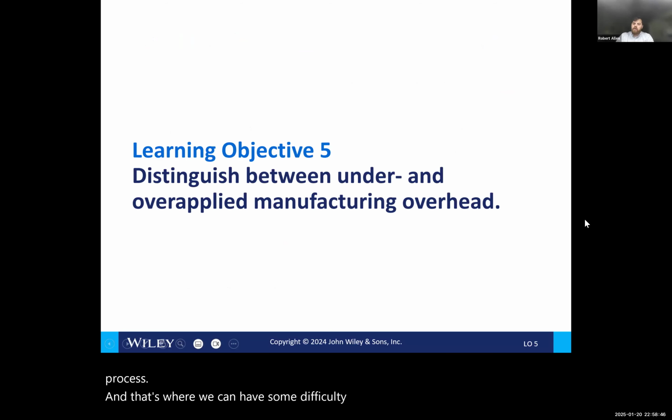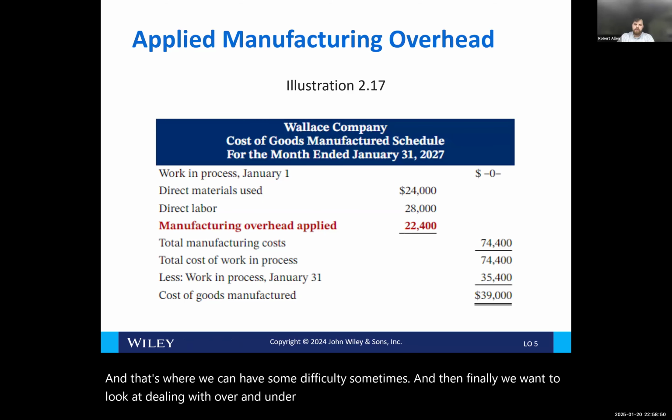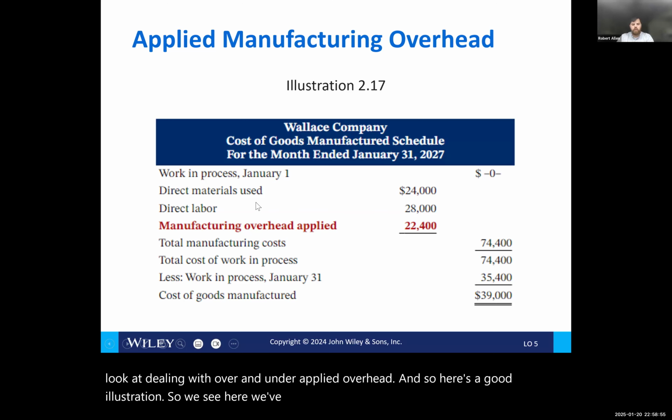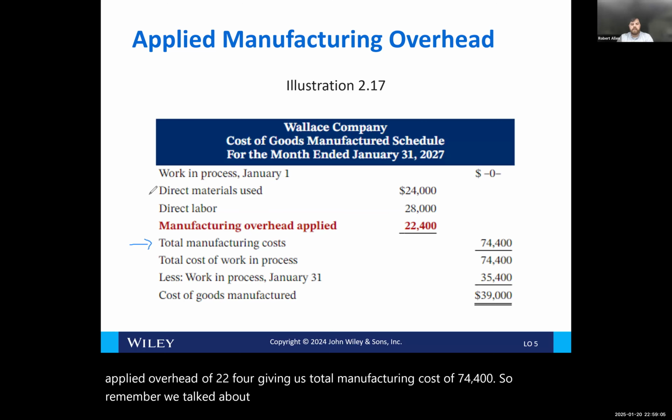And then finally, we want to look at dealing with over and under applied overhead. And so here's a good illustration. So we see here we've got direct materials used 24, direct labor 28, and applied overhead of 22.4, giving us total manufacturing costs of 74,400. So remember, when we talked about manufacturing costs originally, we said that's direct materials plus direct labor plus applied manufacturing overhead.